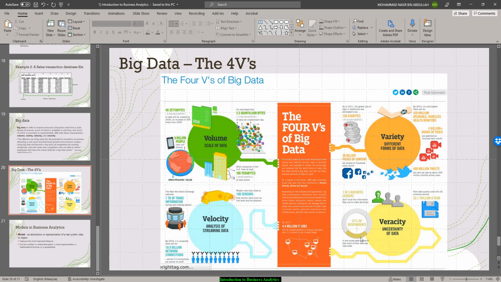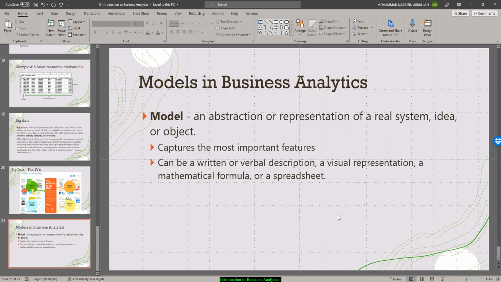That's why in your project, I require you to get the data from kaggle.com and data.gov or the COVID-19 website. Never mind that COVID-19 is not related to business, but you can go to Kaggle. It has very big and massive data. So I want you to clean the data, get it ready for analysis, and do the analysis.